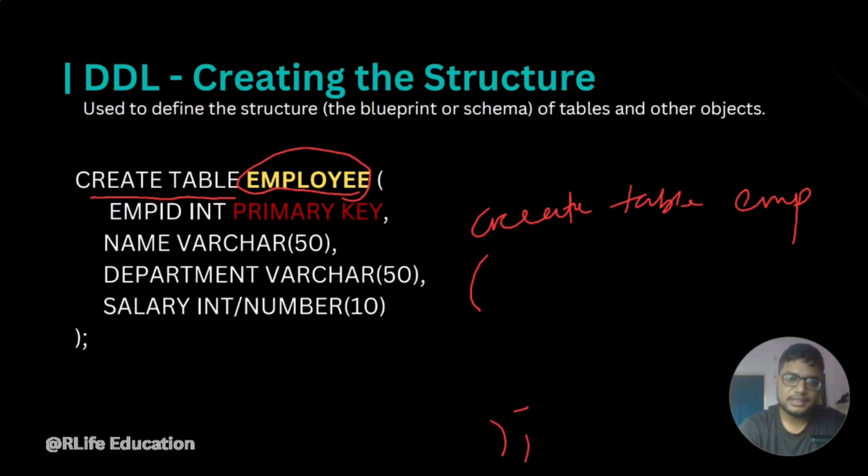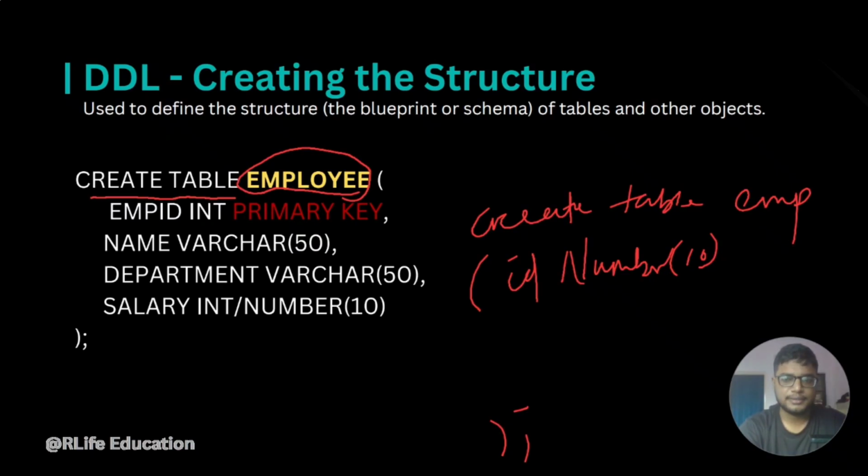For this employee, one ID is required. For this ID we have to mention one data type. Among the data types we covered, there is the number data type. ID is of number type, and along with number, we have to define the size. Number data type of size 10.